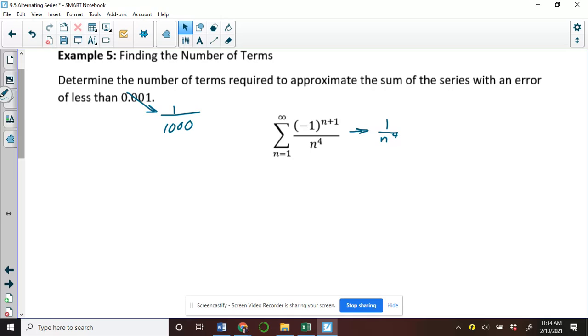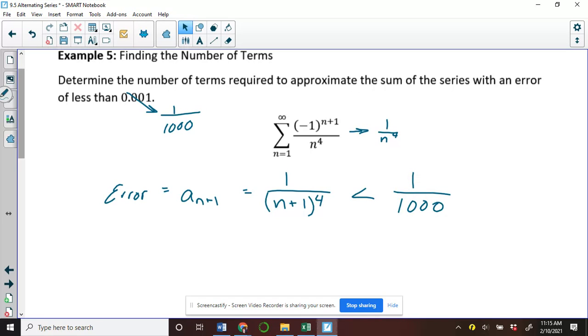And we know error is equal to a sub n plus 1. So that would be 1 over n plus 1 to the 4th power then in general. And that has to be less than 1 over 1,000. At this point, we're going to cross multiply and begin solving.